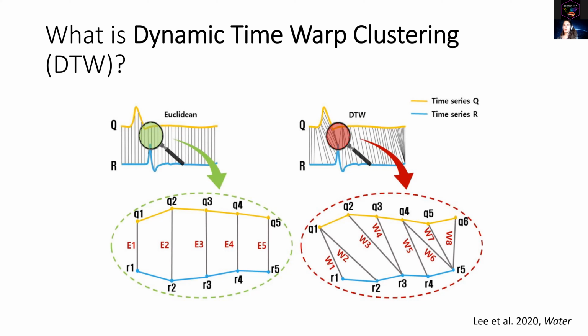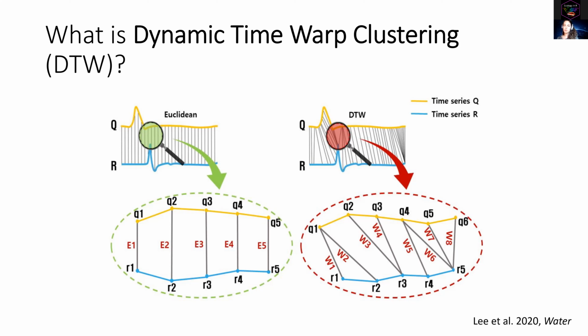Now, the problem with Euclidean distance is that you can sometimes lose information, and you might not be able to actually capture the shape of a time series if they're offset in time or length. So dynamic time warp clustering is a type of K clustering method where, again, you are sorting your data into K number of clusters based on their similarity, but you're comparing two time series by changing the comparison point in time.